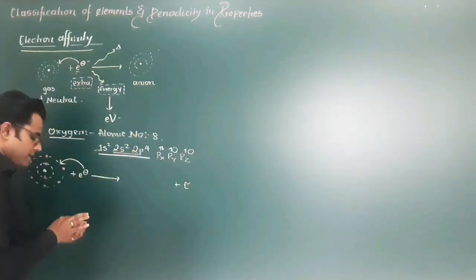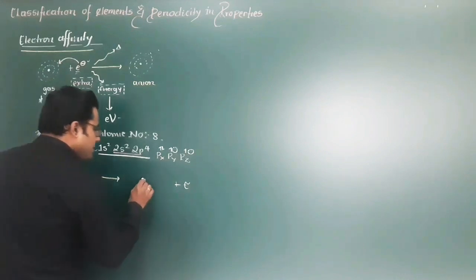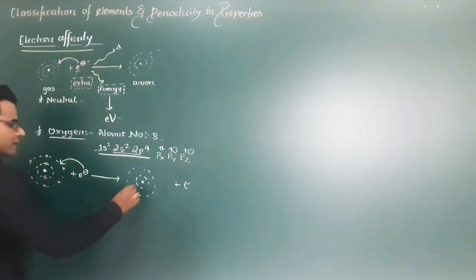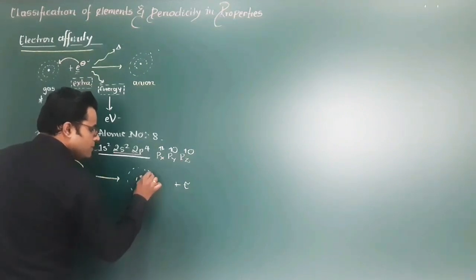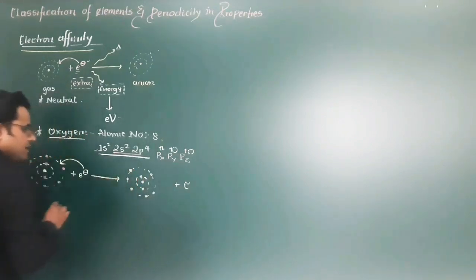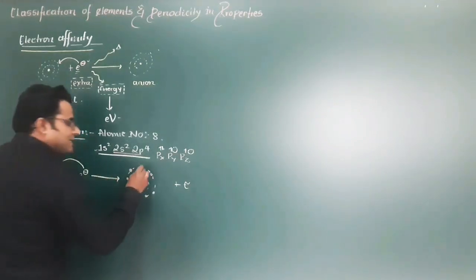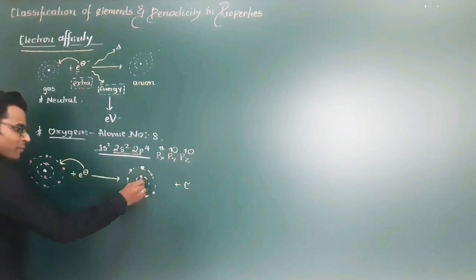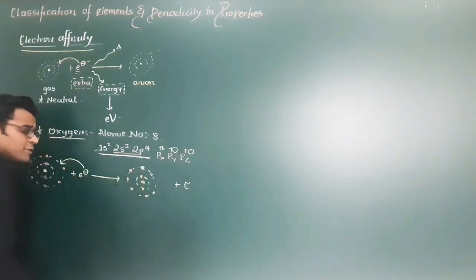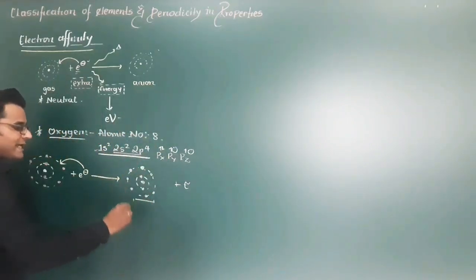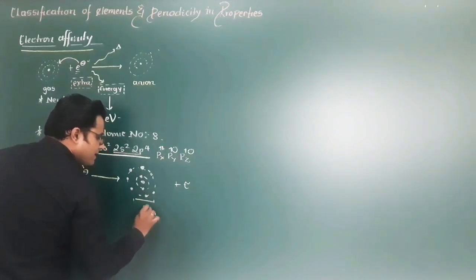So this oxygen atom is going to contain 1, 2, 3, 4, 5, 6, 7, 8 electrons, and now you have added one more extra electron here. Therefore, the number of electrons has increased compared to the number of protons in the nucleus, so this is now going to be an ion with an extra electron.